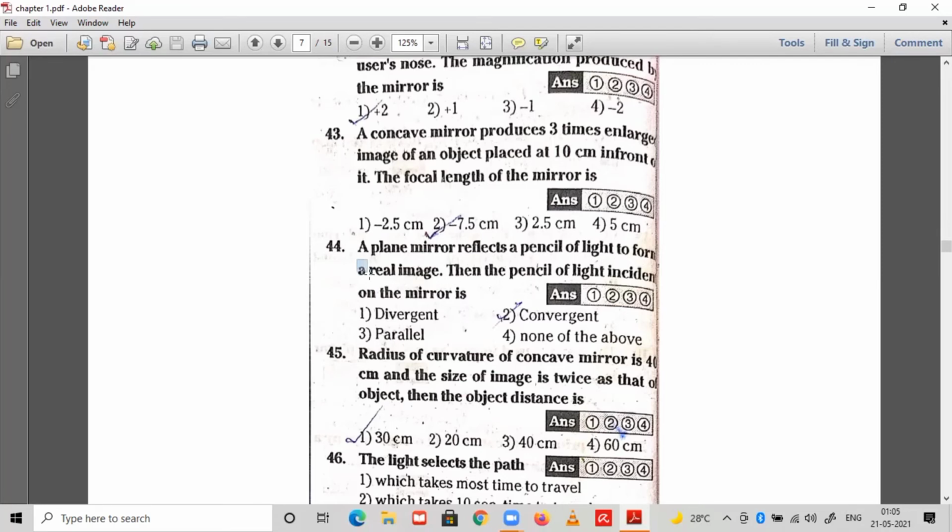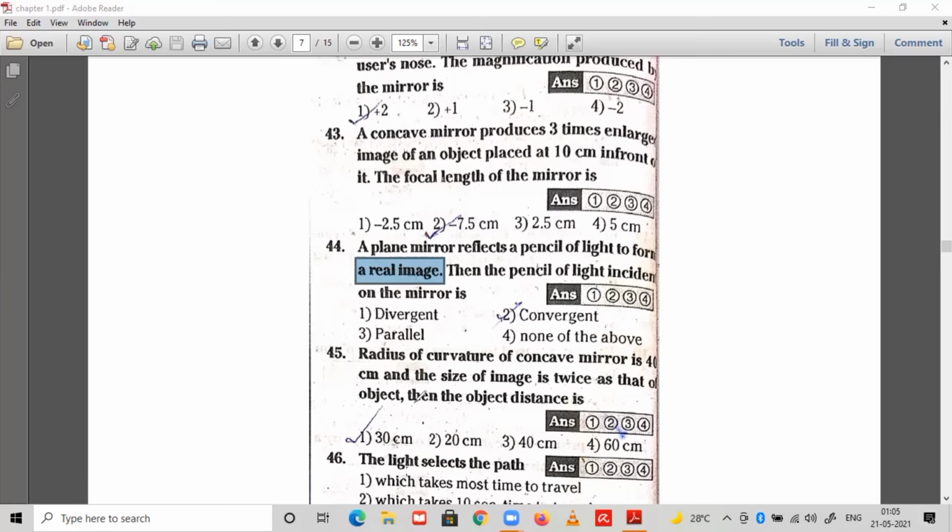So in order to get the real image, definitely the rays will be converging rays only. Then only we will get the real image. But it is not a possible thing. As per the given data, we are going to answer the question. So in order to get the real image, definitely we should have converging rays. This thing you should remember.